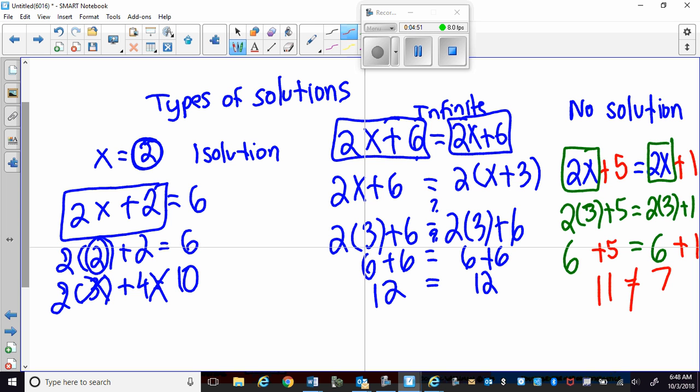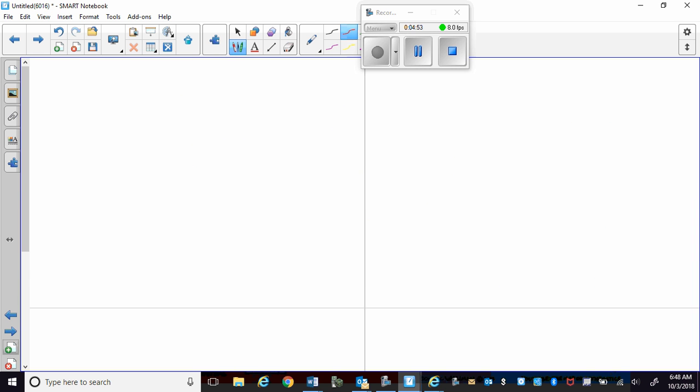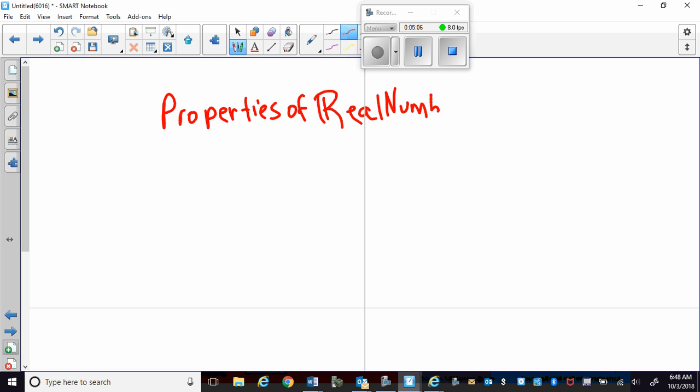What else is important in this unit? Other things that are important: properties of real numbers. I won't go through those because that's a lesson within itself, but definitely have those properties out while you're working through this lesson.